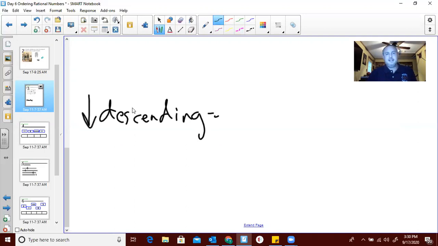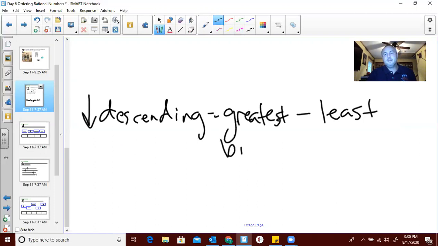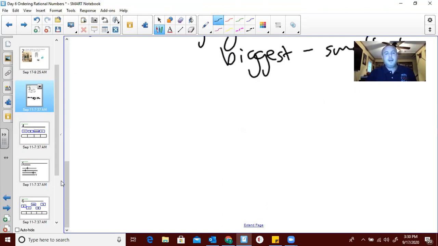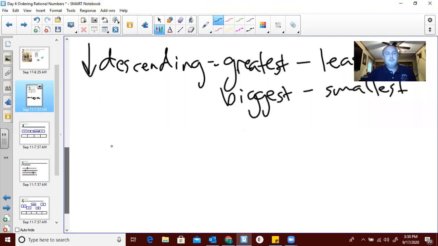Down starts with a D and descending starts with a D. So descending is when you go from greatest to least, or biggest to smallest.